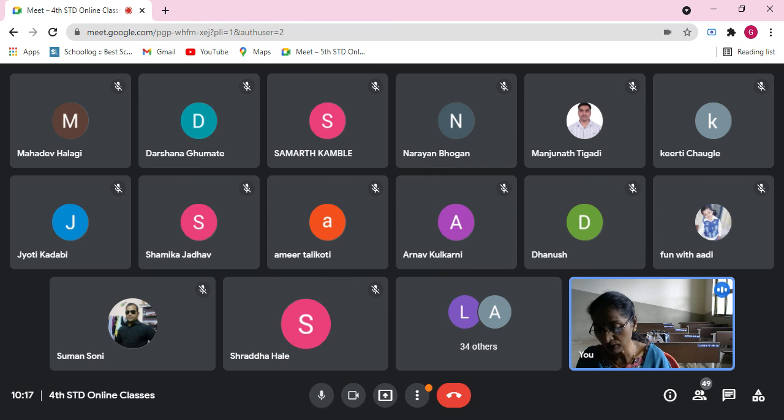Now page number 24, Exercise A. Read these sentences and state their types. You have to read, understand, and mention what type of sentence it is. I hope all four types are clear to you. Declarative sentences state a fact.